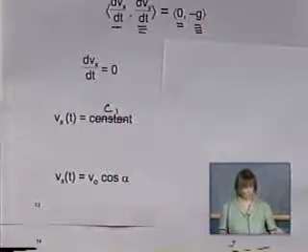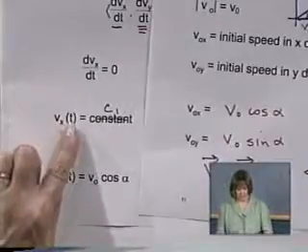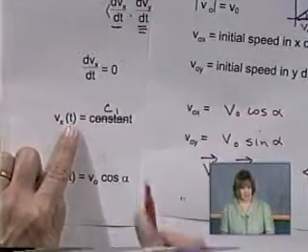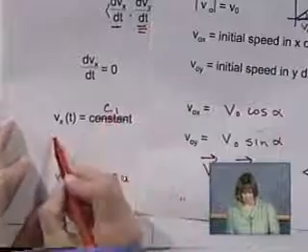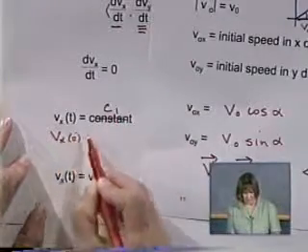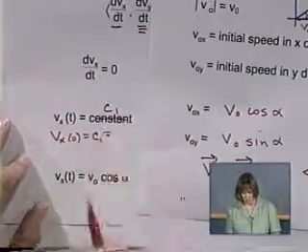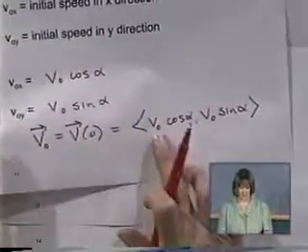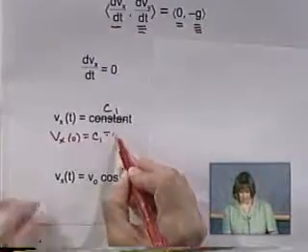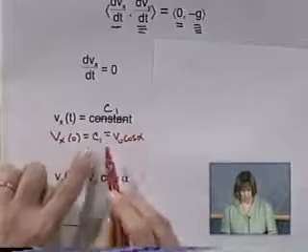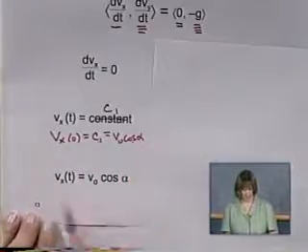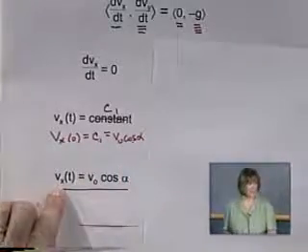But do you remember a few minutes ago? If I plug in a 0 here, what is my velocity when t is 0? It's C1, but we found out it was V naught cosine alpha. So C1 is V naught cosine alpha. So I have a representation for my x component.